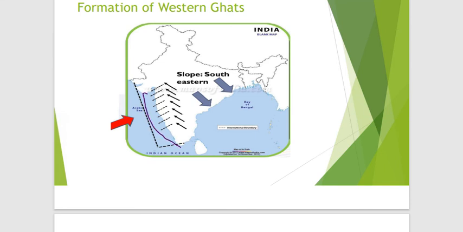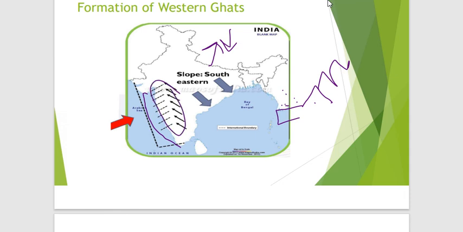The Indian subcontinent was like this, but due to collision of our Indian plate with the Eurasian plate, there was some heavy movement here. So what happened? This whole part broke and fell into what we call the Arabian Sea, and resulted in Western Ghats.